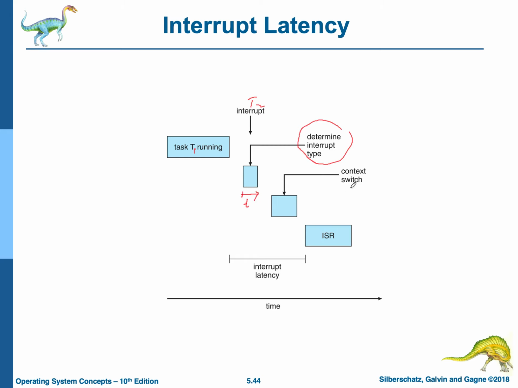Then the context switch saves T1 to PCB1, which is the context switching time, and this is also a time.